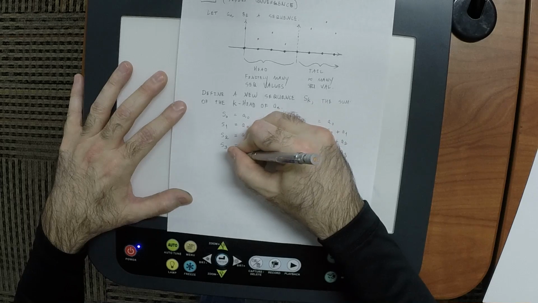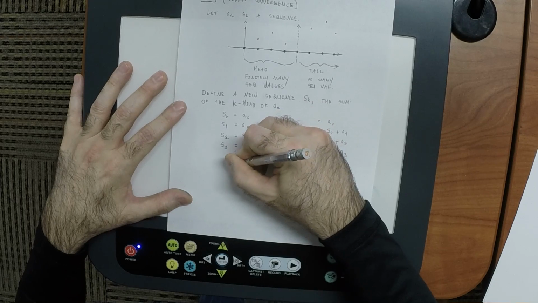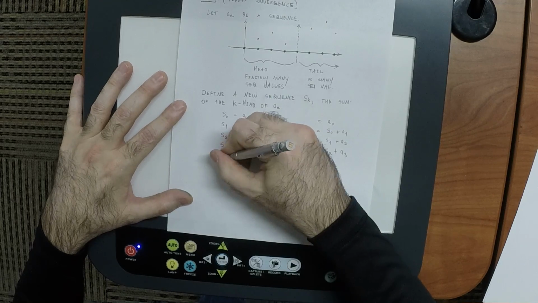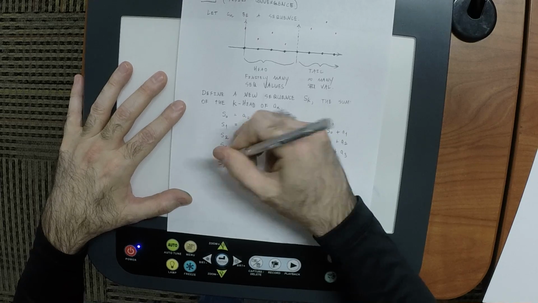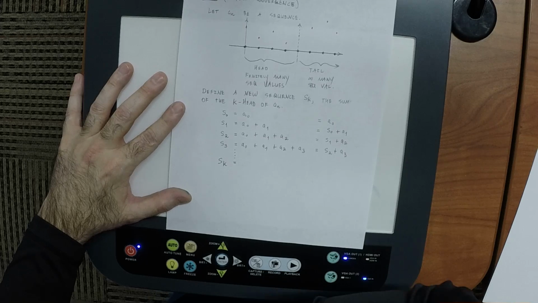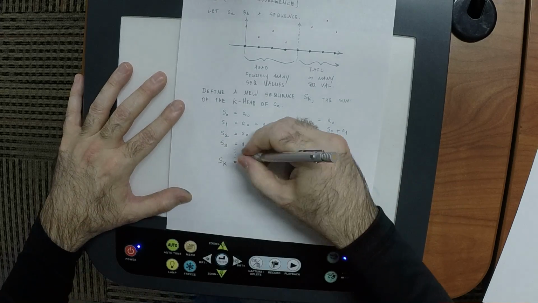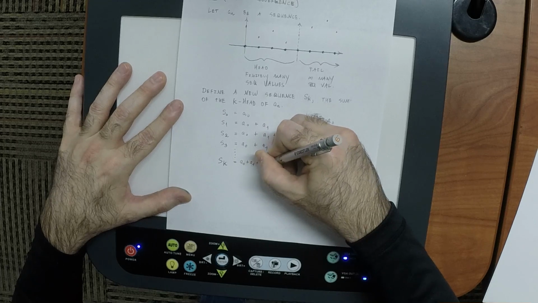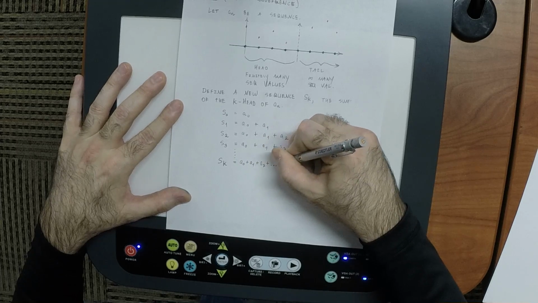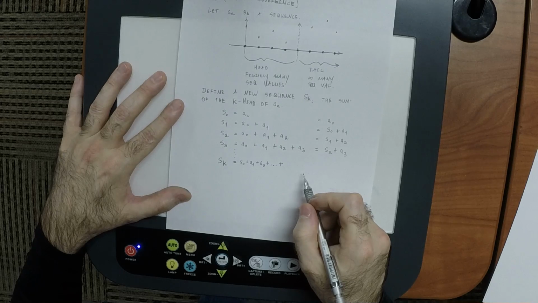Okay, so generally speaking, the formula will be this: if we want SK, then on the one hand you could say that's A0 plus A1 plus A2 plus ... And what's the last one that we add?